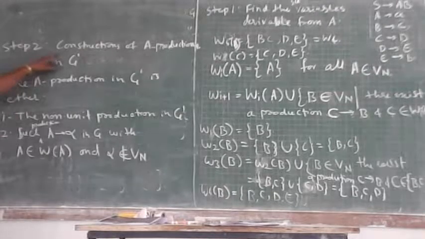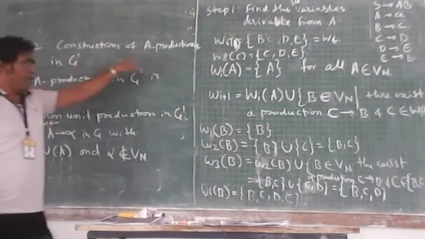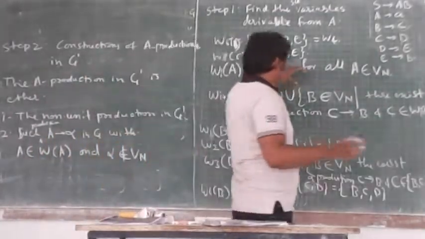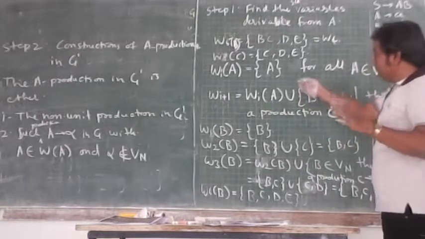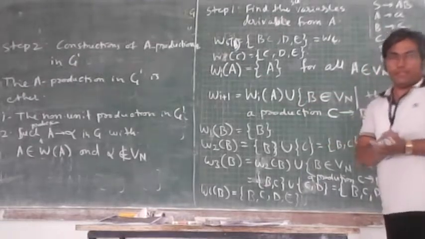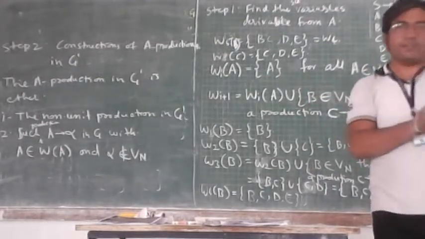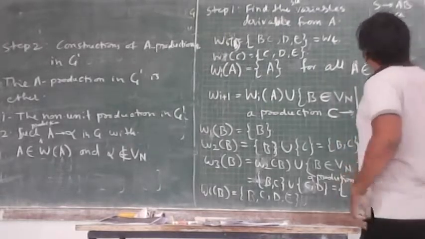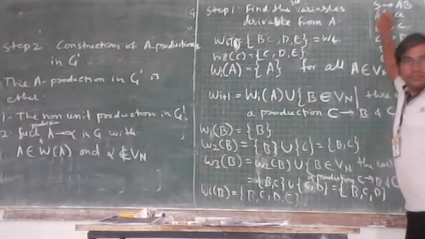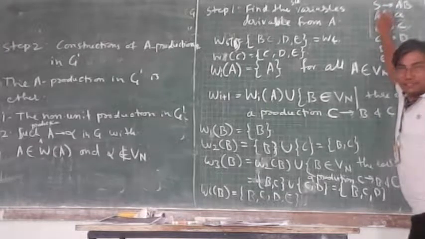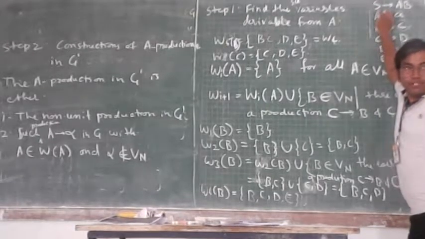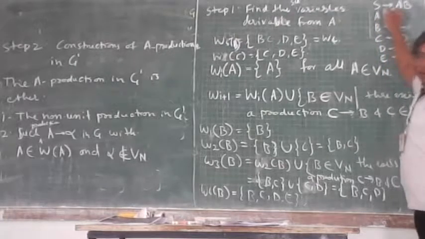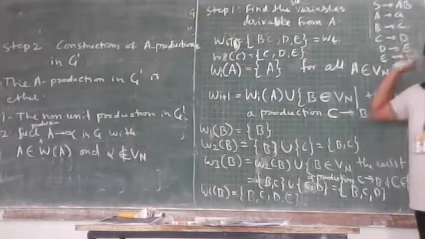See, here we are constructing. After working out these sets, what have we learned from the working sets? What we really collected as information by using these working sets. WS was only S. In the working set of S, what was there? S was there. It means S has no unit production.